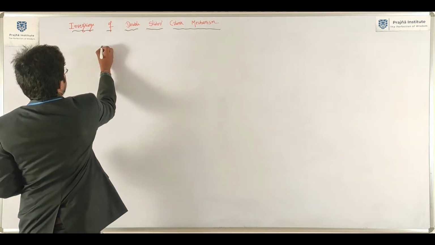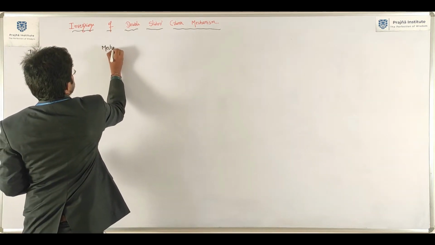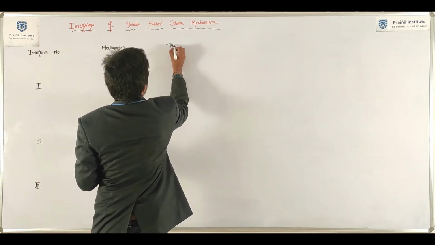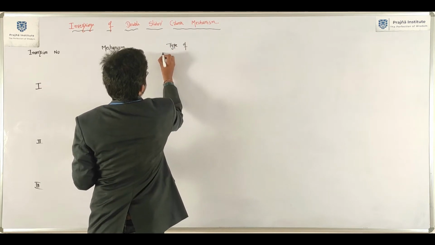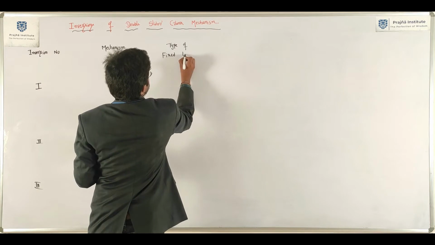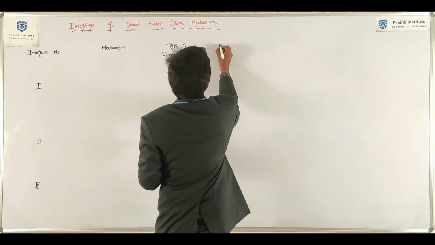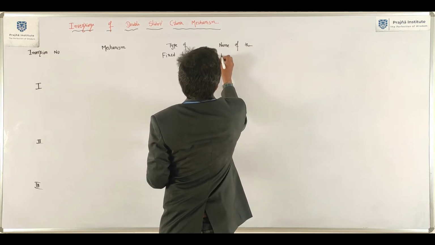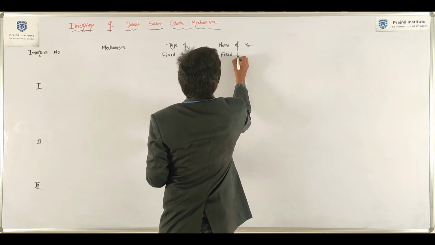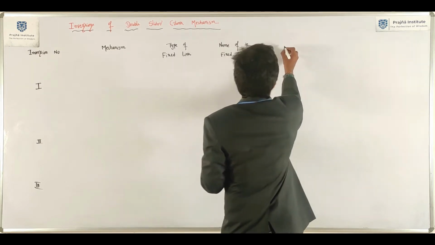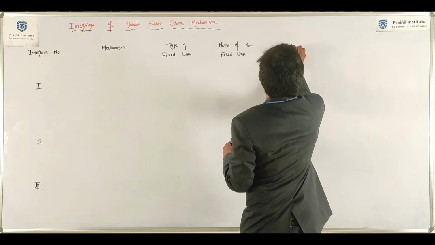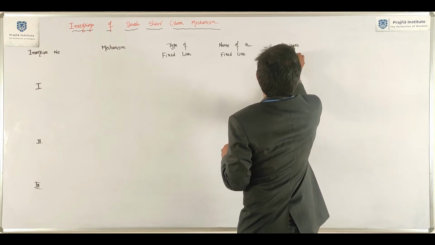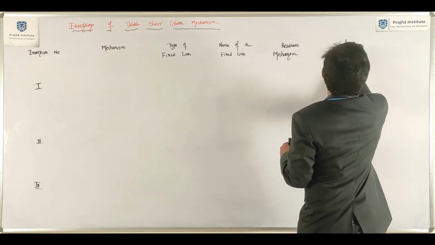Columns: inversion number, mechanism, type of fixed link, name of the fixed link, resultant mechanism, and finally application.